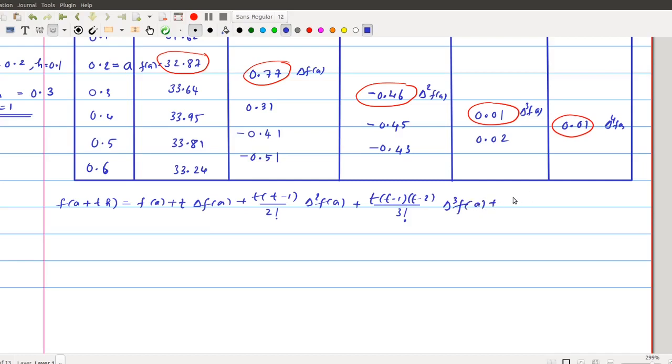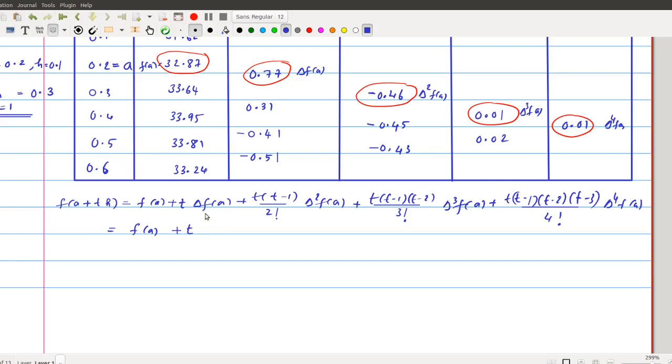We will write one more term, because it contains only del raised to 4 f of a: t into t minus 1 into t minus 2 into t minus 3 divided by factorial 4 del raised to 4 f of a. Now take the derivative of this, otherwise you can expand all these things, so that will be f of a.